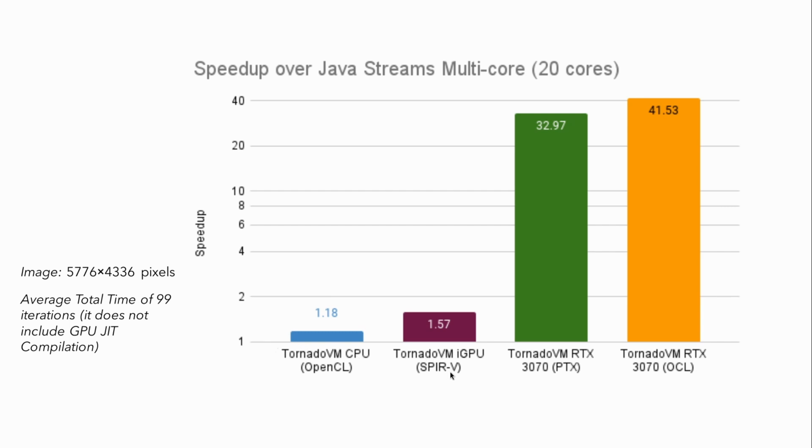If we use the integrated graphics with SPV, you get almost 60% speedup against Java multi-threaded Java streams. And obviously the big GPU, this image processing task is made for big GPUs. You can get very high speedups.